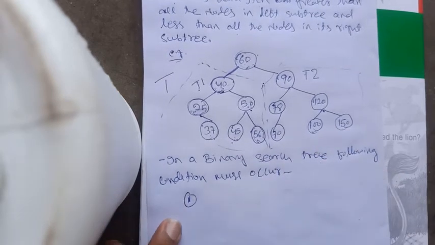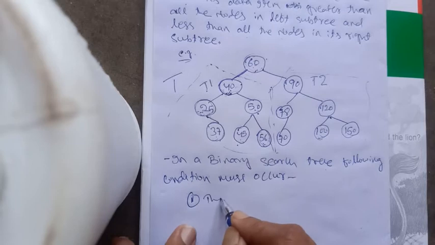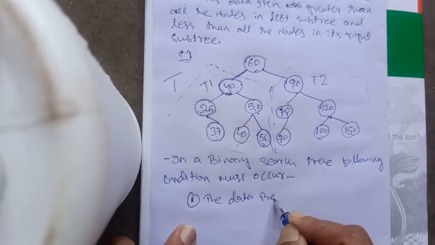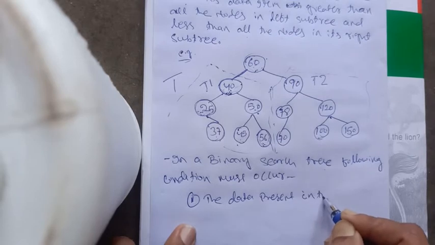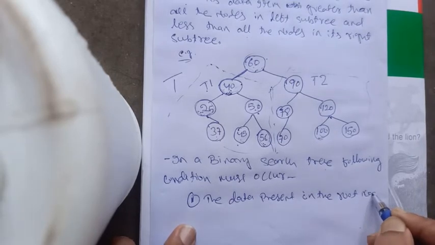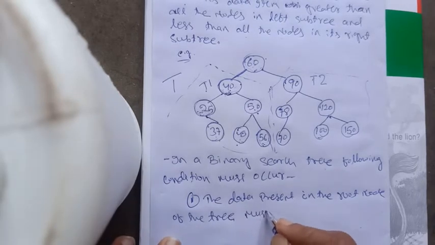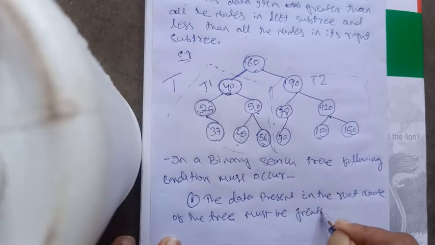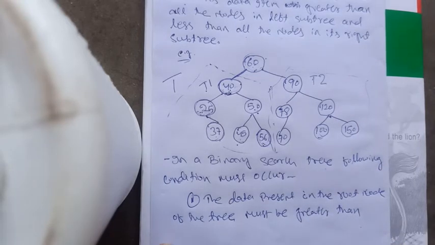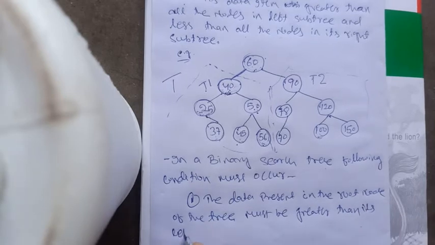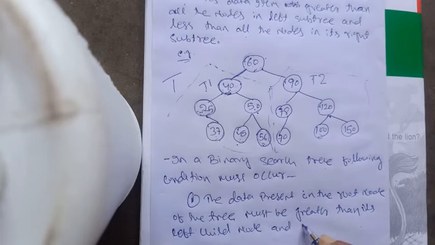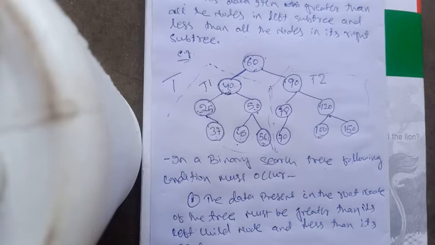Number one, the data present in the root node of the tree must be greater than its left child node, and less than its right child node.